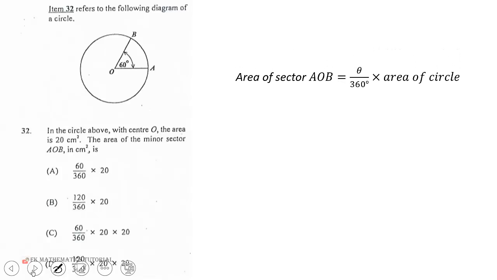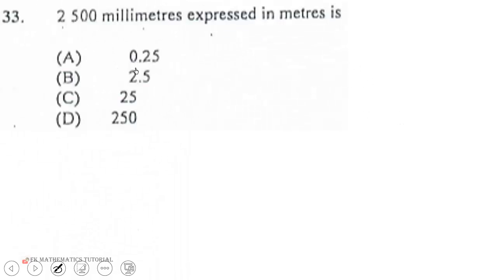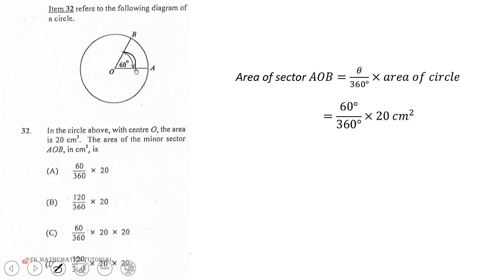So area of sector is the angle at the center of the circle over 360 times the area of the circle, and that will give us 60 degrees over 360 times 20. So the correct answer should be option A.